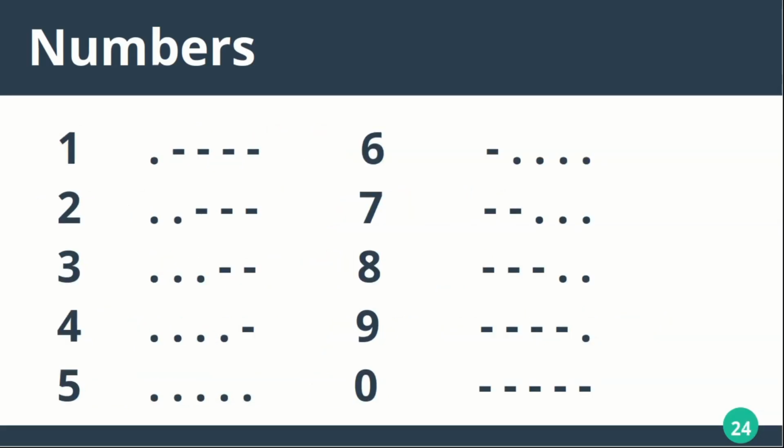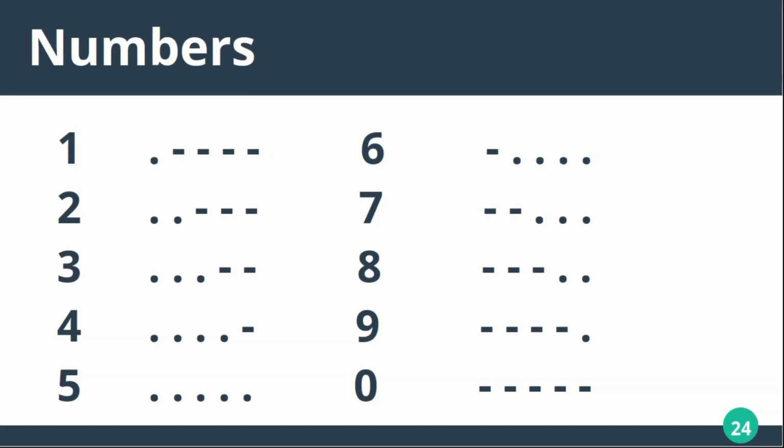It'll make more sense. So 1 is dot dash dash dash dash. 2, 3, 4, and so on.